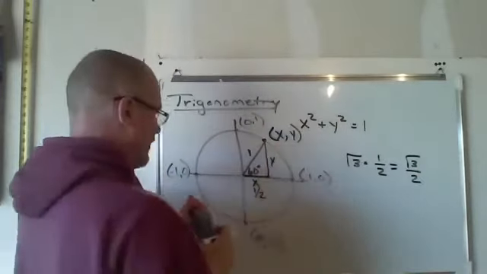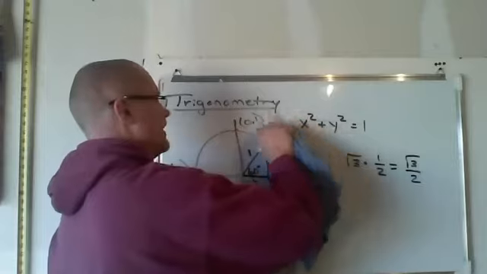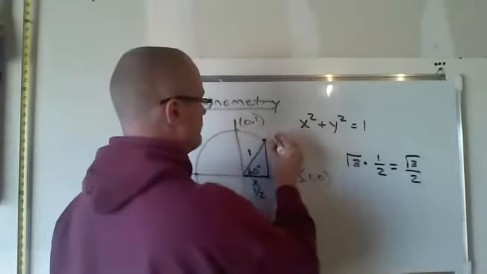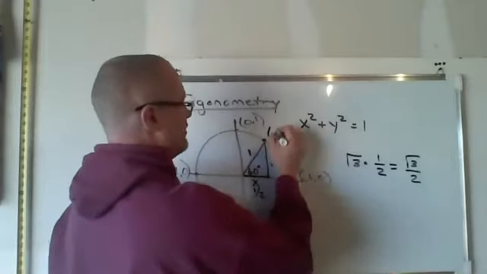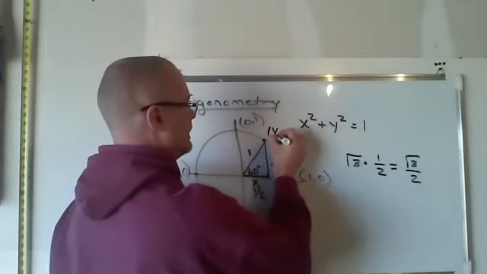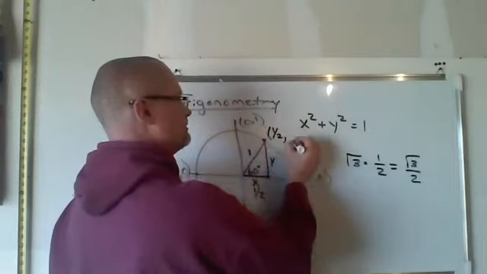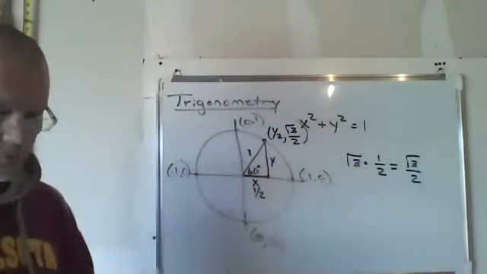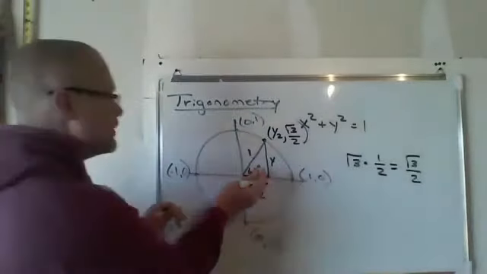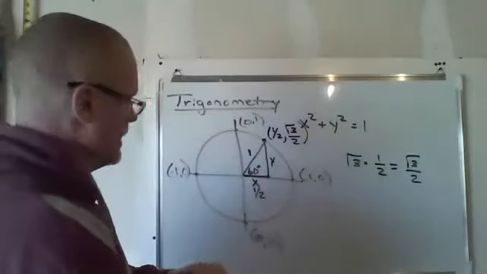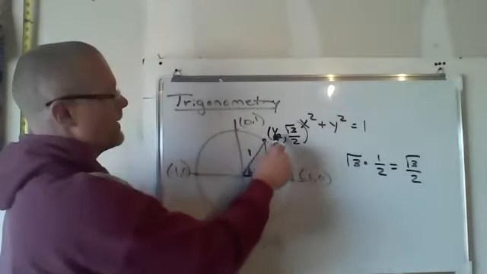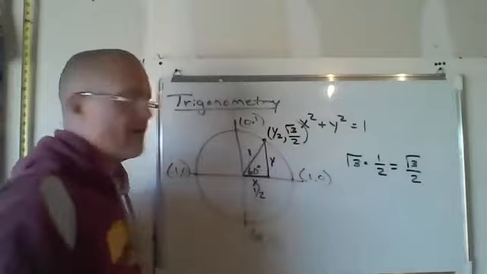So on a 60-degree angle, this is 1/2, and this is square root of 3 over 2. If I take my pen, my spinner, and rotate 60 degrees, I get to the point 1/2 comma square root of 3 over 2.